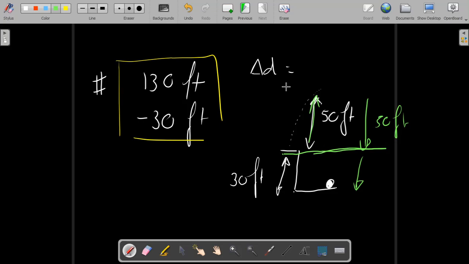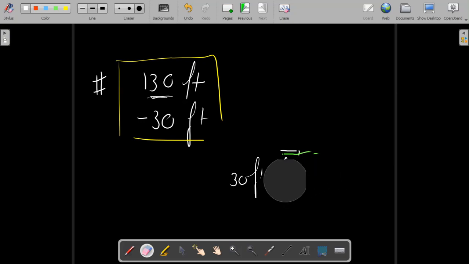Follow the path of the ball to calculate total distance. 50 up, then 50 down, and another 30, and add them up. So let me do that for you. 50 plus 50 plus 30. Now this is in feet, okay? And if you do that, that's going to be the 130 feet that you should be getting. Okay. If you have questions, you can always ask me when we have our virtual meeting.